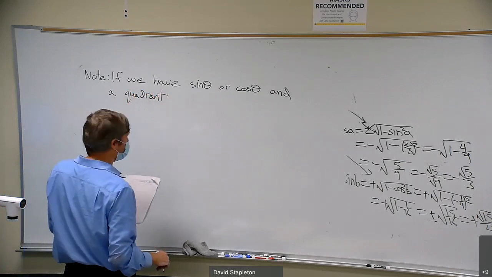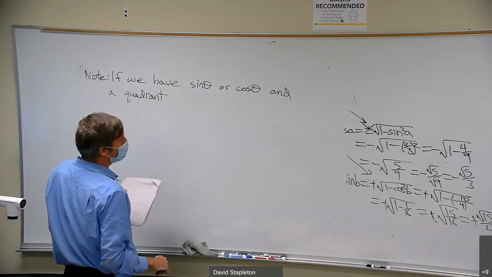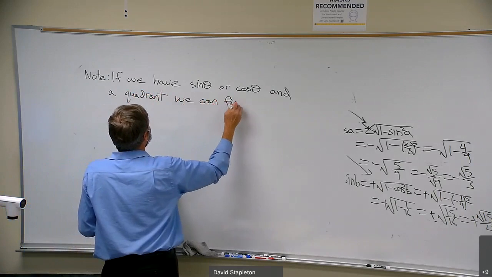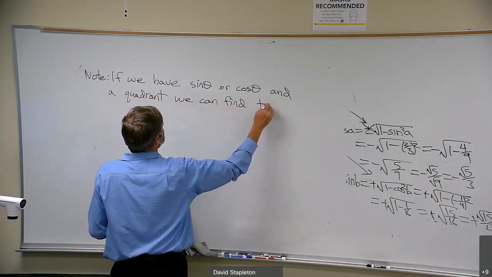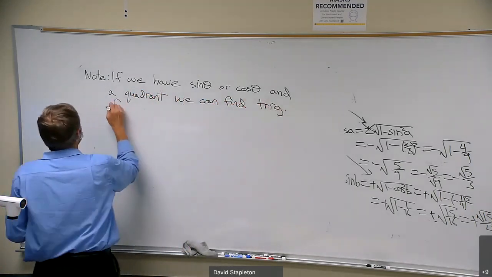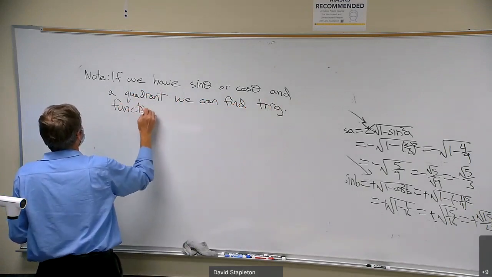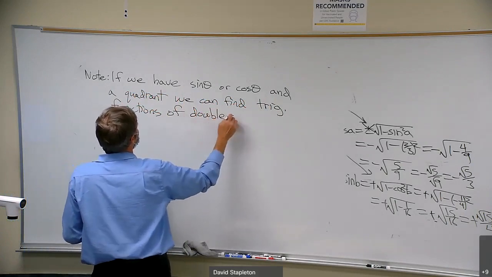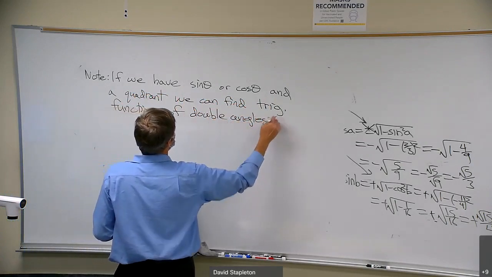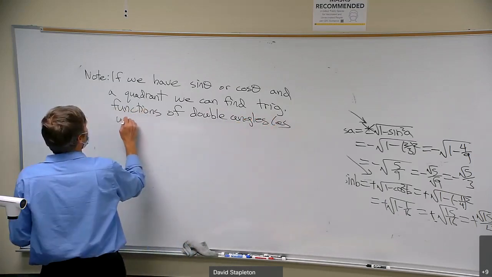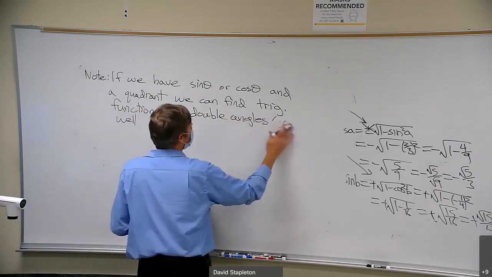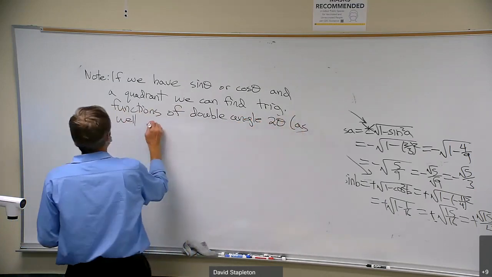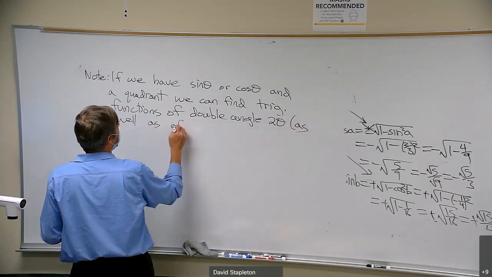We can now, in addition to that, find trig functions of double angles also. So of double angles as well, double angle 2 theta, as well as theta.